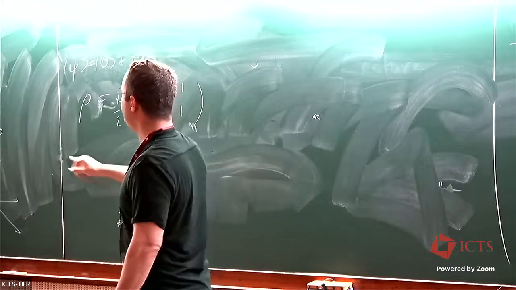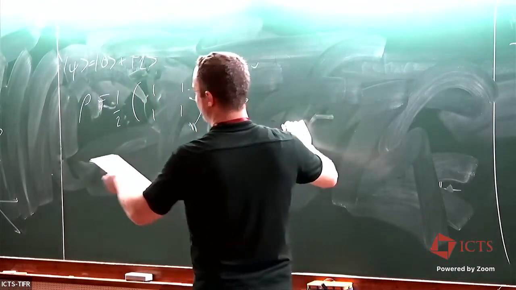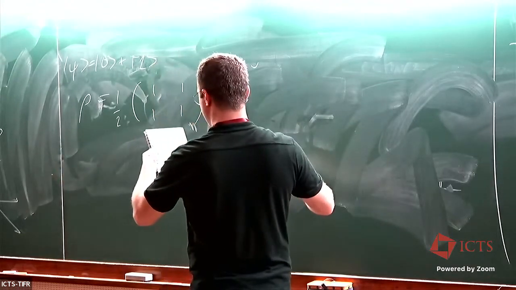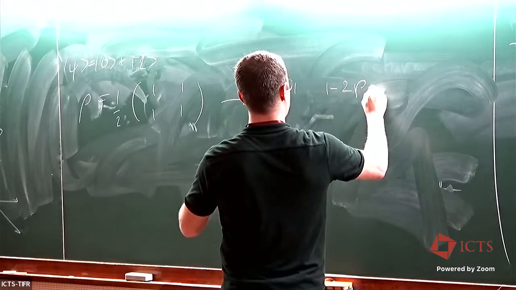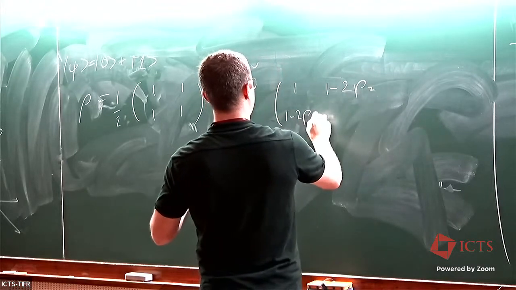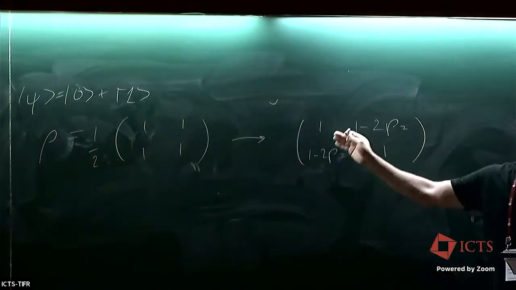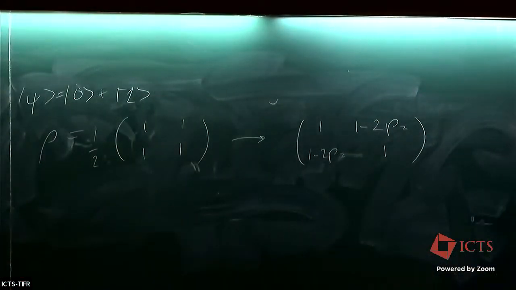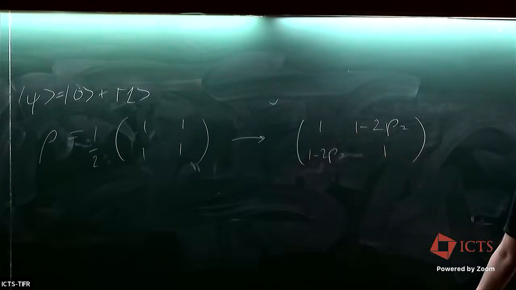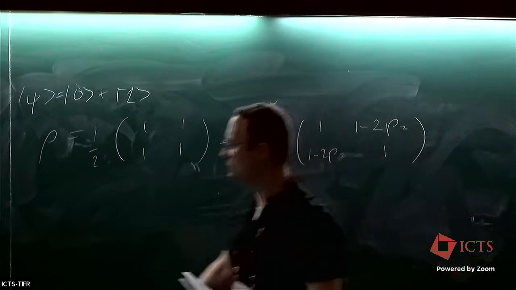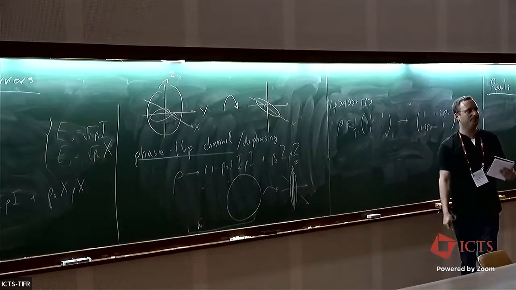Under this channel, you can just do the simple math, and it becomes 1, 1 minus 2p_z, 1 minus 2p_z, 1. You see that it reduces the off-diagonal elements. And for p_z equals 1/2, you just have a classical superposition of 0 and 1, which would just be a line along the z-axis.